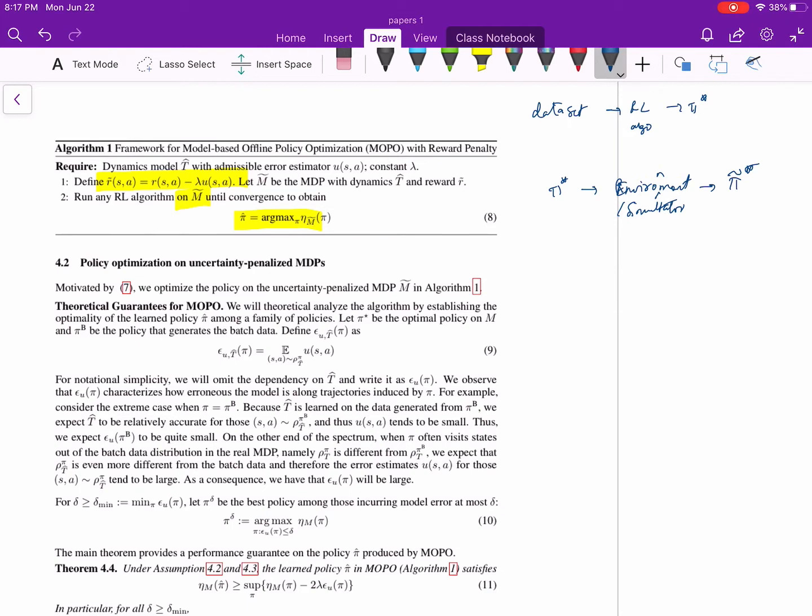A few of the papers concentrate on this, or one could as well extend it to this. It depends on the application, what they want to solve. So let's go further.